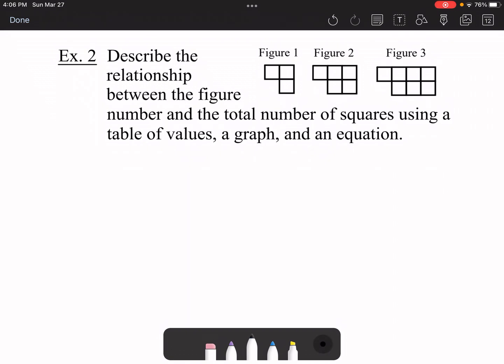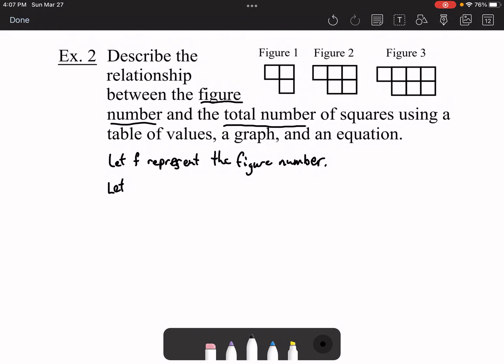Okay, so if you want, we can define our variables first. Let f represent maybe the figure number. It asks us to find a representation between figure number and, let's say, the total number of squares, maybe n represents the total number of squares.